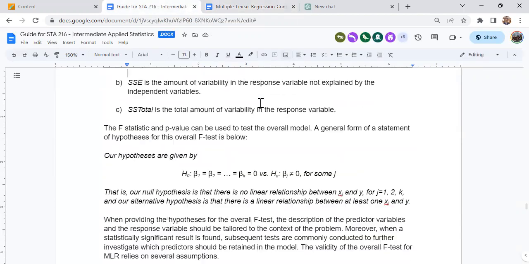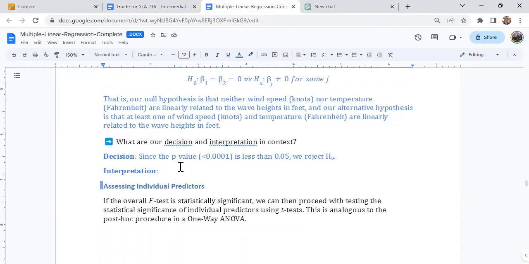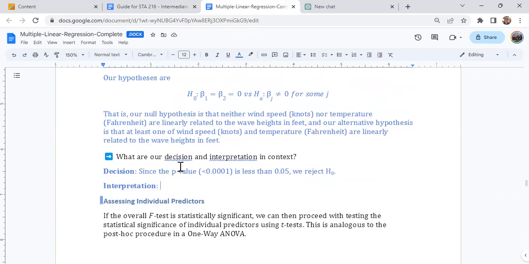And then interpreting that in context, this is kind of similar to ANOVA, where the initial f-test tells us a little bit, but it leaves the results ambiguous. So we just say we have evidence that, and then insert the alternative hypothesis in words, right?